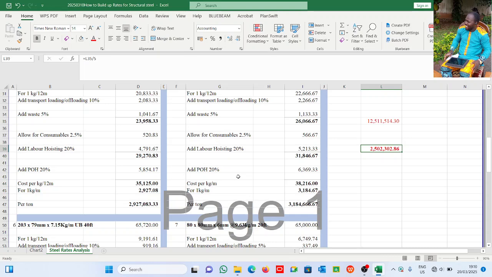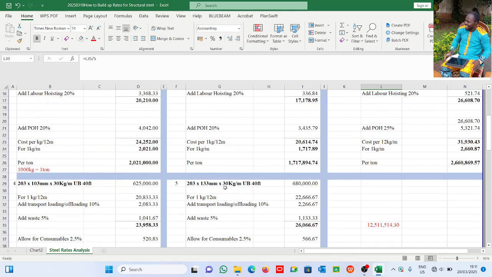If they are in the same location, say within Lagos, and we have 3 bills and the steel rate is different, it means it is not the price of the material, because the price of the material might be the same or almost the same. The difference will be in their profit and overhead. Some might be higher and some might be lower, depending on the company's overhead and the amount of work the company has at that time. These are things that affect the percentage of profit and overhead.